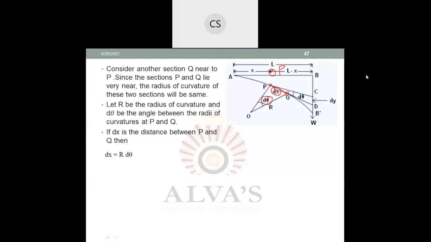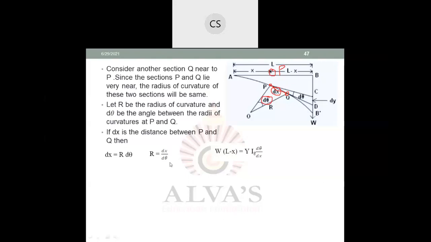So you can write dx is equal to r into d theta. So you can get an expression for the radius of curvature: on rewriting, r is equal to dx by d theta.